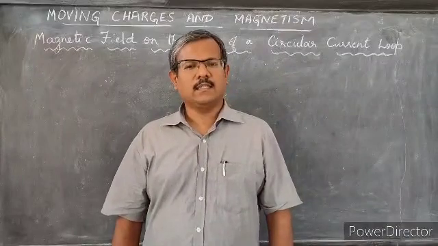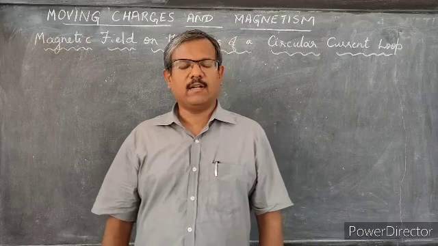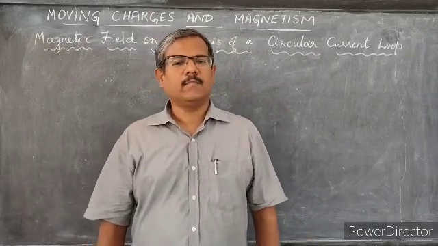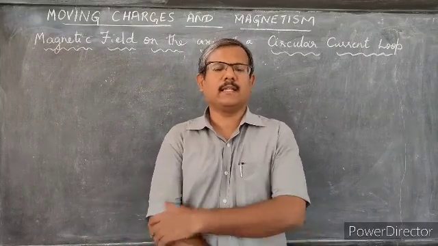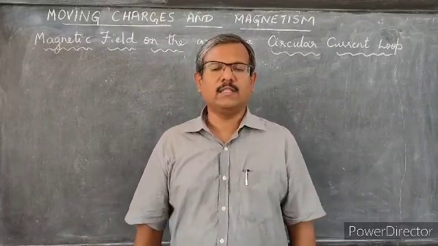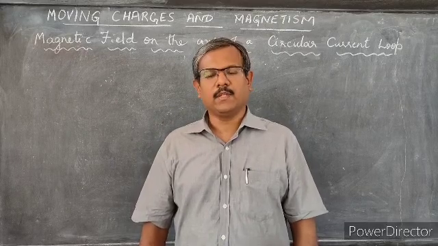In our last lecture, we discussed the Biot-Savart law, and we also did a quick analysis by comparing the Biot-Savart law with Coulomb's law that we had studied in the first chapter.